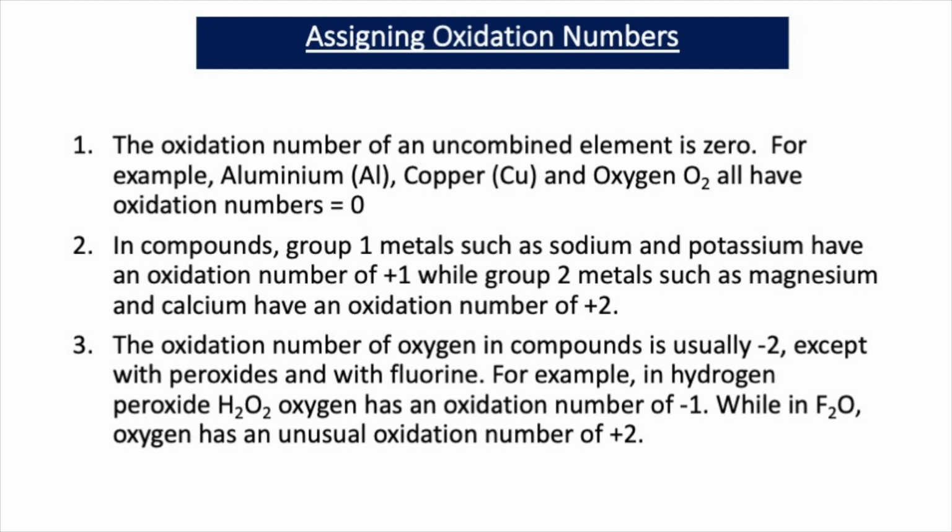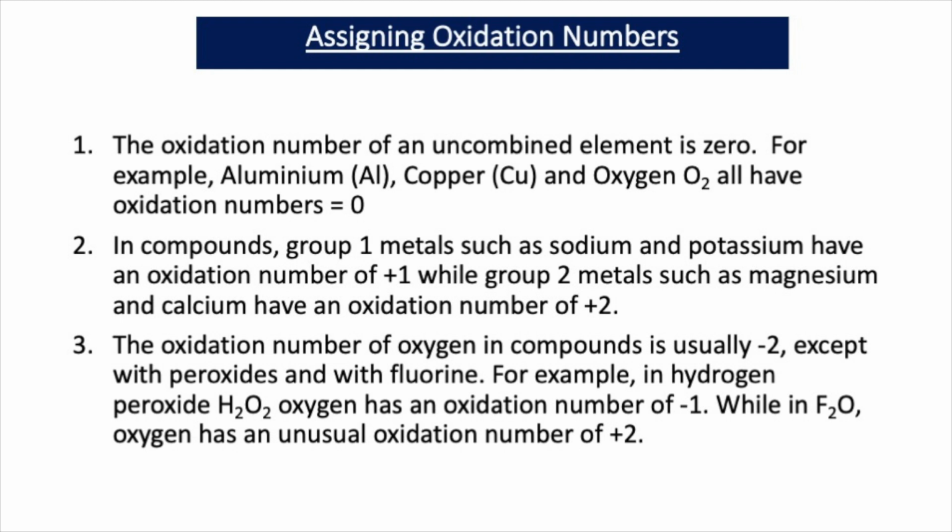Now, the next rule that we have to remember is that the oxidation number of oxygen in compounds is usually -2. You should be familiar with the O2- ion. Now, the exception to this is with peroxides and when the oxygen is bonded to fluorine.